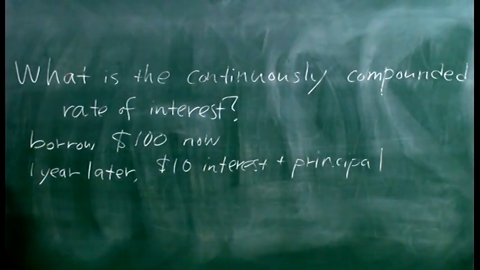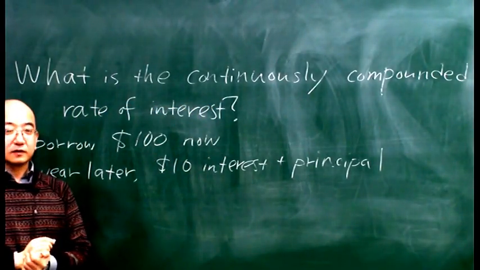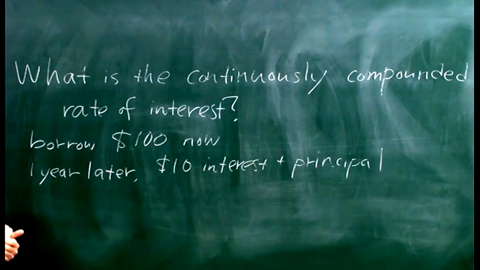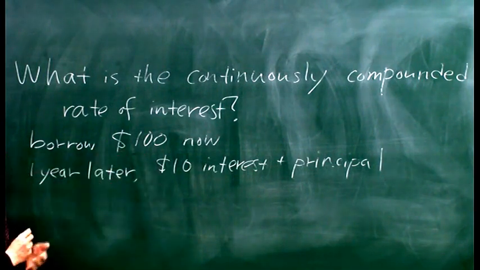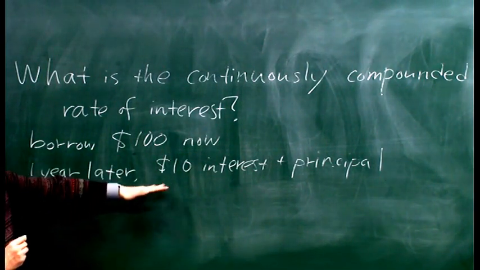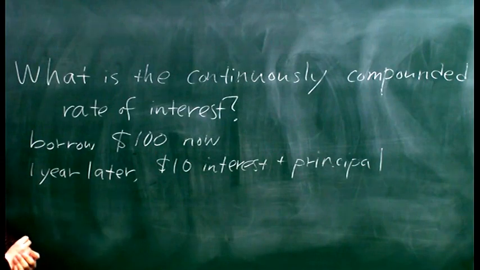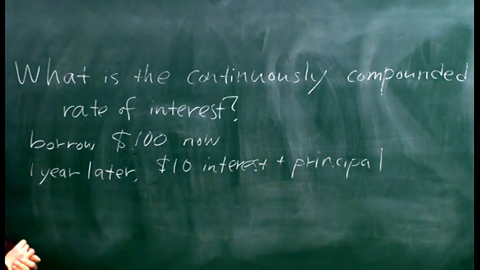In this simple example, if you ask what is the rate of return, the answer will be simple. Principal is $100, the interest is $10, so the interest rate is 10%.